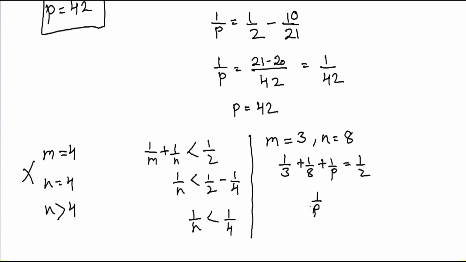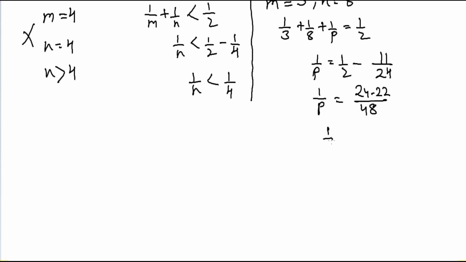So 1 by p equals to 1 by 2 minus, 8 is 24, and this will be 8 plus 3, 11. We get 11 by 24, and if we calculate it further, 48, and this 24 minus 22, so we get 1 by p equals to 2 by 48. Again it is coming smaller only, right? 1 by 24.